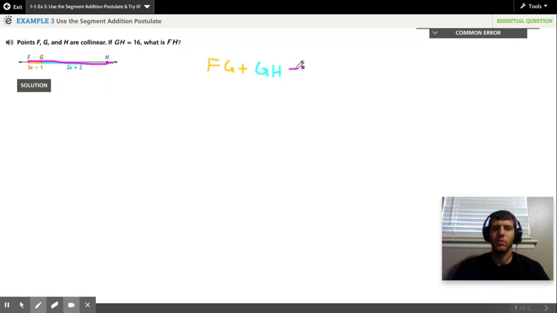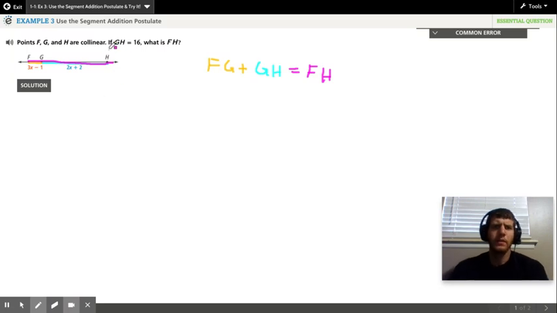So that's what your segment addition postulate gives us. The first piece, FG, in orange here, plus the blue piece, GH, added together gives you the whole thing, FH.